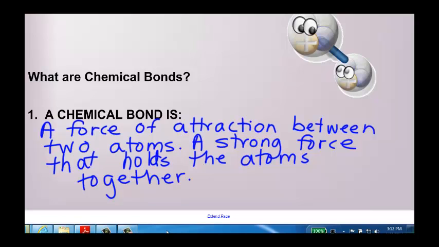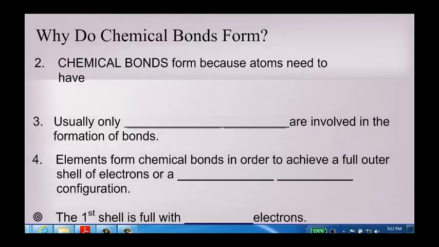Okay, so it's a force of attraction between two atoms that holds the atoms together. Chemical bonds form for different reasons, but generally chemical bonds form because atoms need to have a full outer shell of electrons.